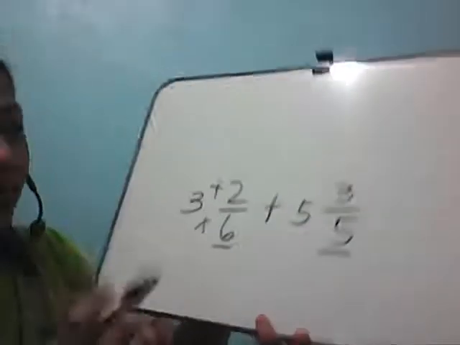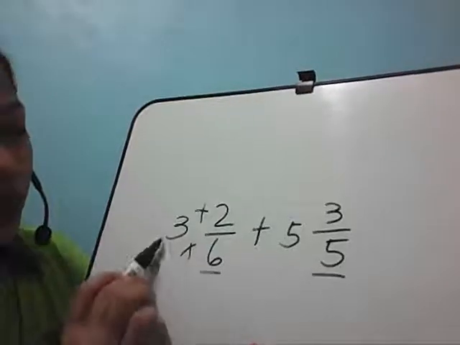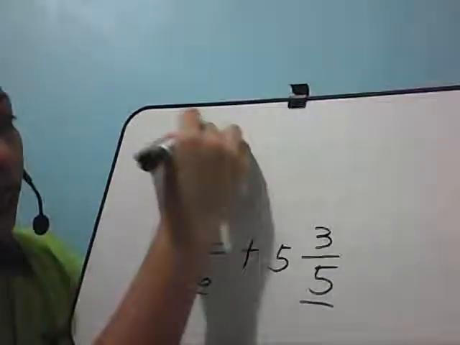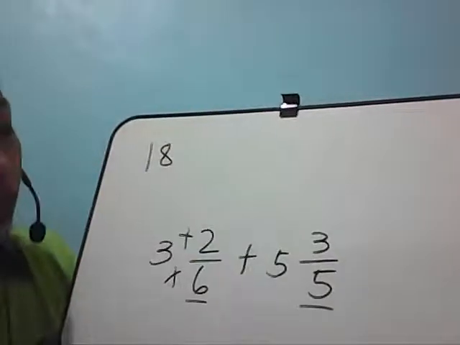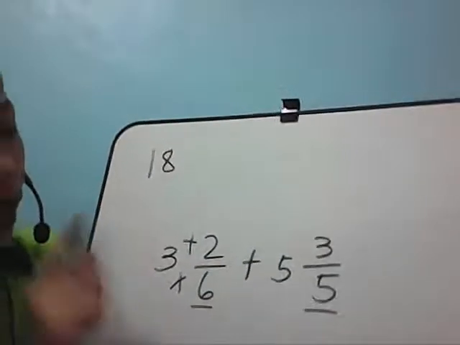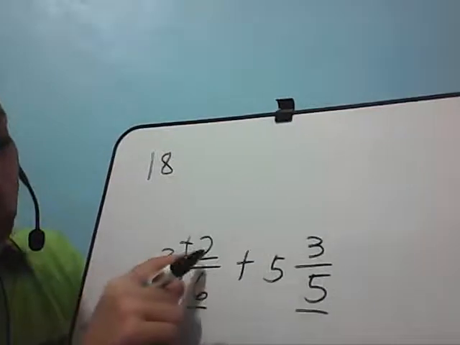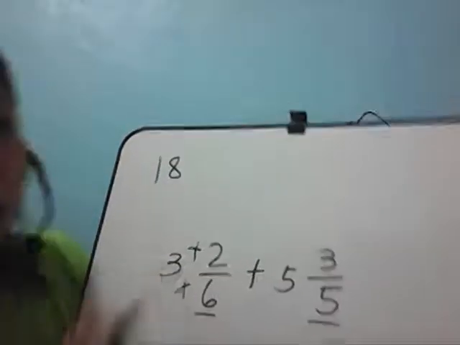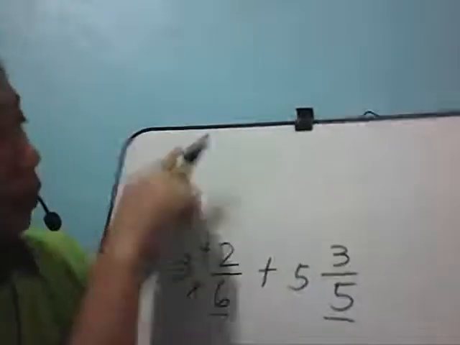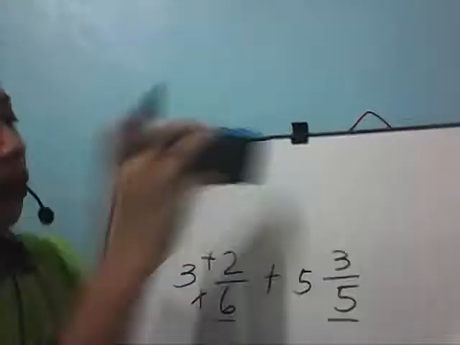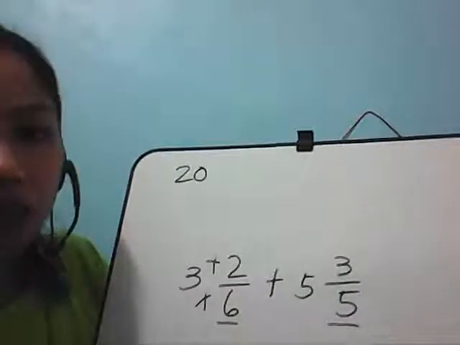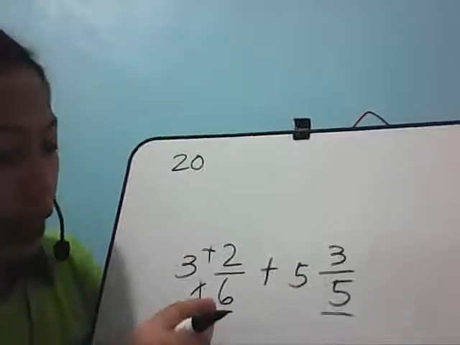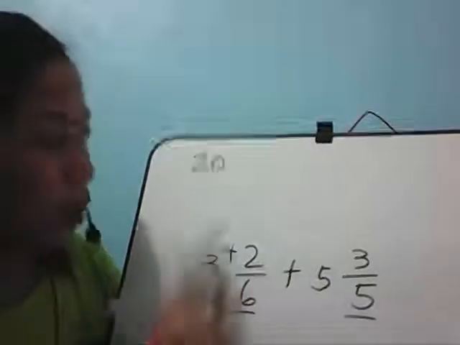So, 6 times 3 is 18, right? So let's write here 18. 18 plus 2 is 20. Then copy the denominator, which is 6.